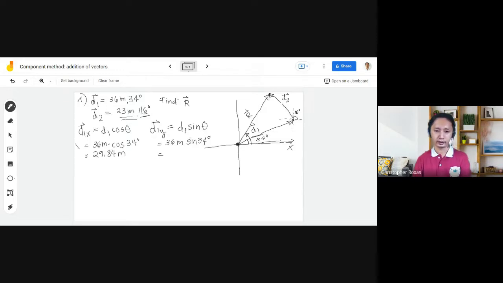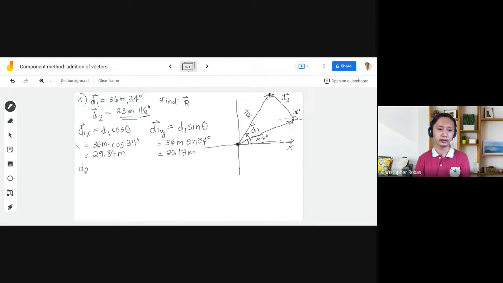So you got 20.13 meter. So that's the x and y component of D1. Now let's get the x and y component of D2. So we use the same process.